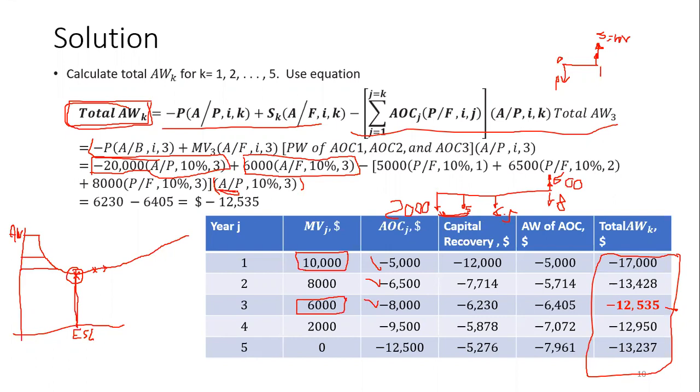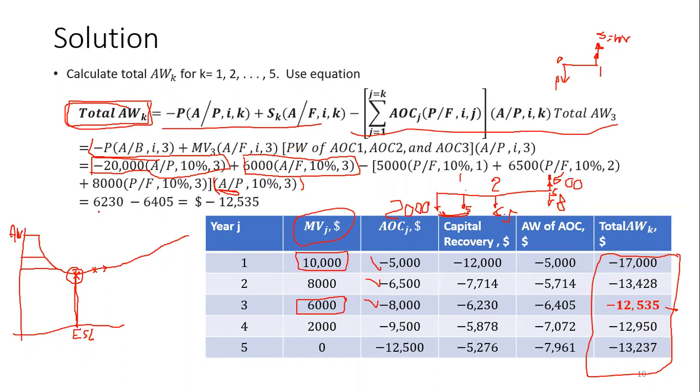I think we have done this before in the cash flow. So 5,000 P given F and 1 because it's the first year, 6,500 P given F and 2 because it's the second year, and 8,000 P given F and 3 because this is the third year. The 6,000 here is the market value, the salvage value at the third year.